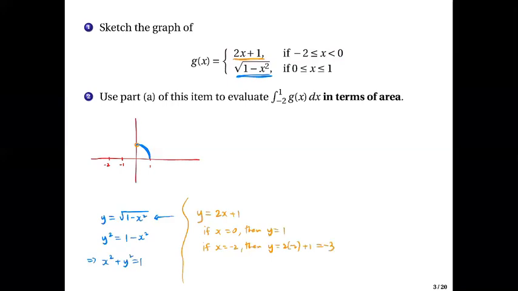So let's add here -1, -2, and -3, which means the other point will be somewhere here. If we connect the 2 points, we'll get this line.